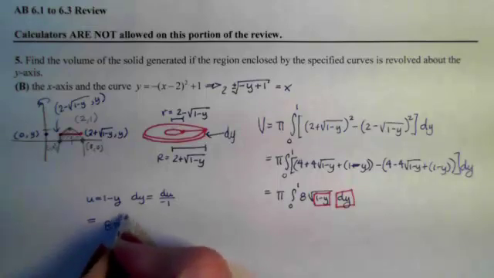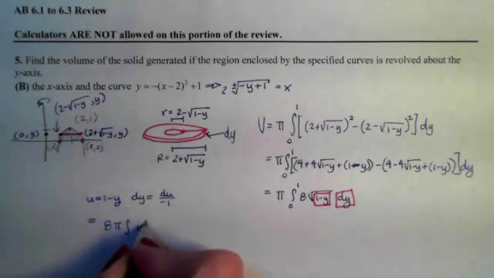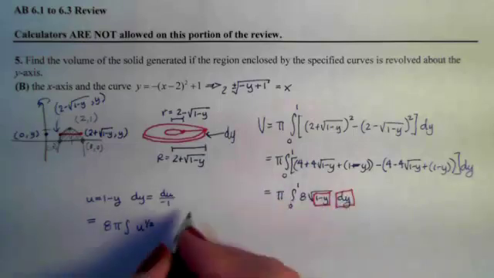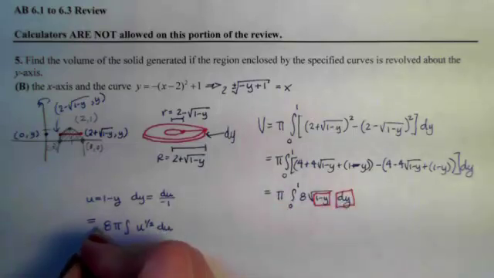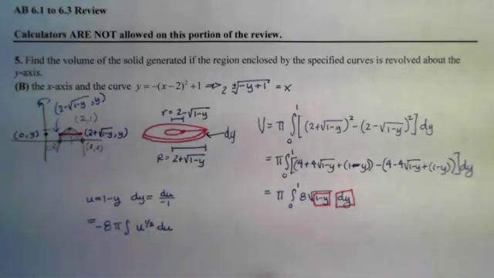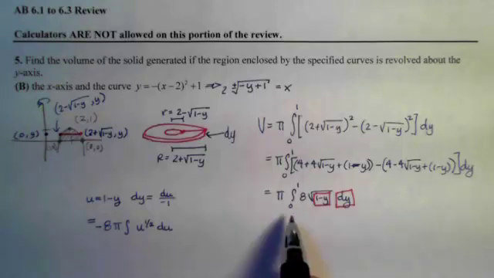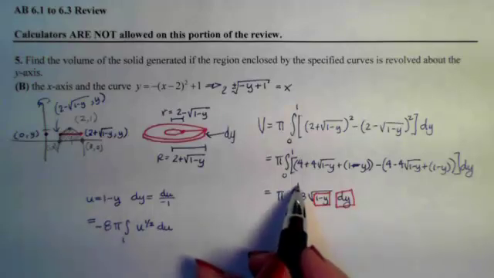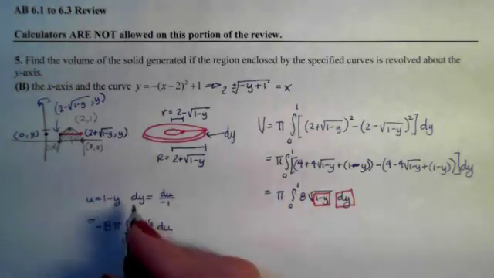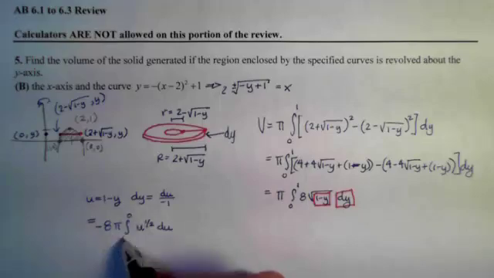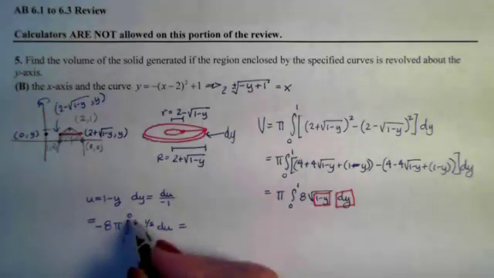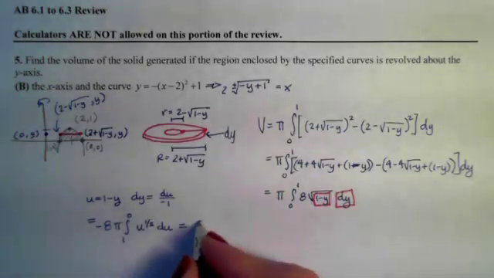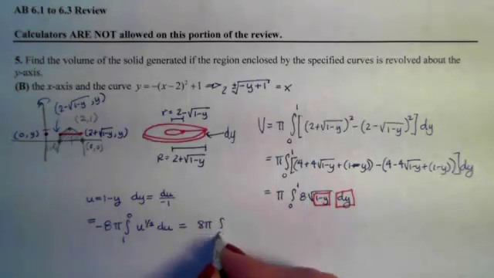I'll have a root u, which is u to the 1/2. And then I'll have a dy, which is du over a negative 1. So now let's look at what the limits would be. If I plug 0 into here, I'll get 1 on the bottom, and 1 into here, I get 0 on the top. Well, that one's kind of going backwards, so I can switch those limits and change the sign in front.